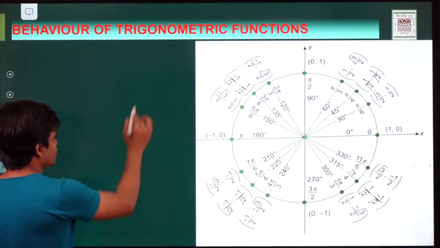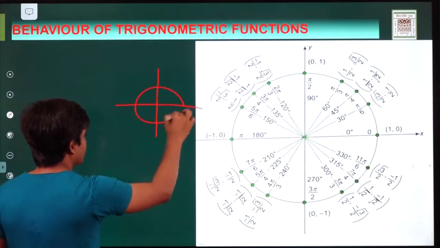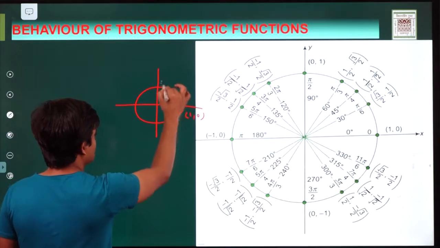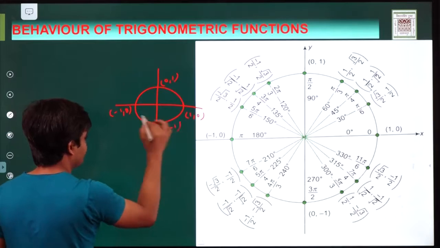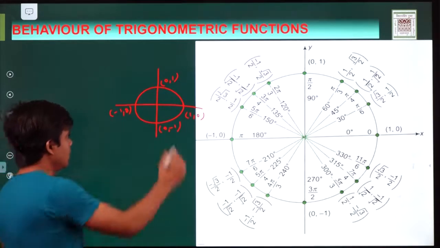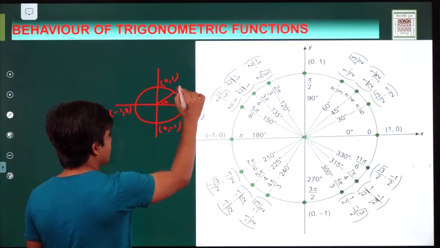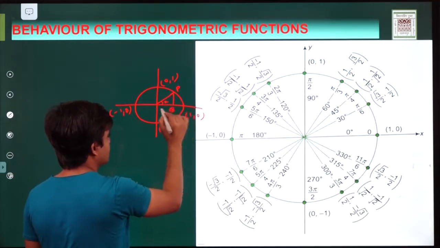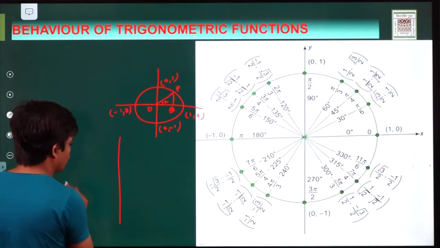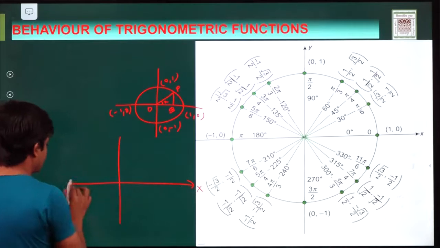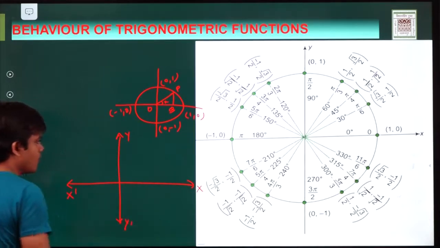So a thing should be remembered that if you have this unit circle with points 1 0, 0 1, minus 1 0 and 0 minus 1, and you are thinking about this angle as x, say this point is p, this is q, this is o. Now in the four quadrants, x x dash, y y dash.